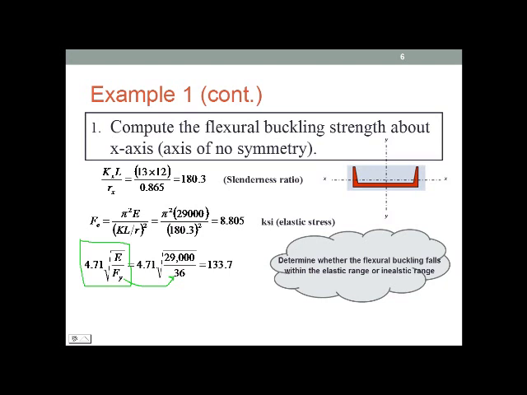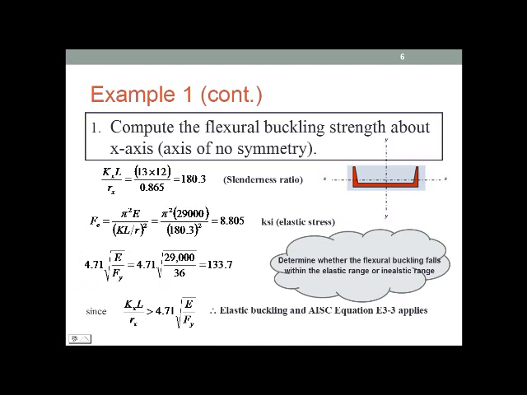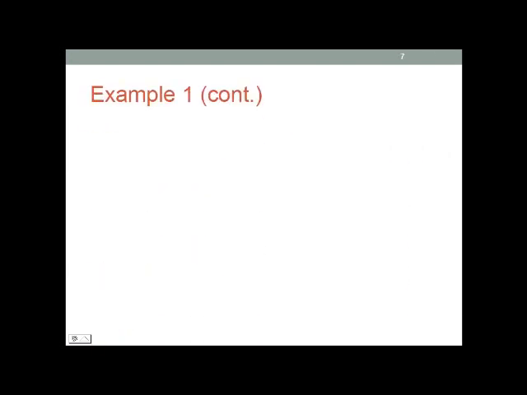If you substitute for the unknowns, you'll get 133.7 for the limiting value. Since the slenderness ratio KL over r with respect to x is greater than the limiting value, 4.71 multiplied by the square root of E over Fy, then we have elastic buckling, and AISC equation E3-3 applies.